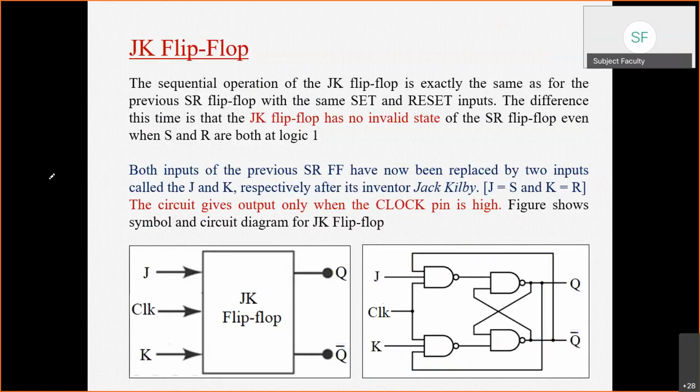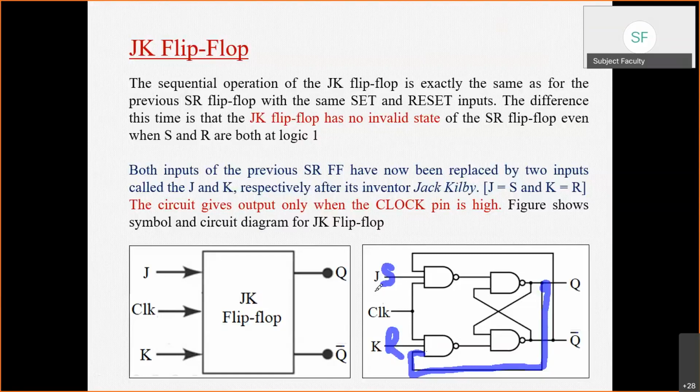So Q is given to one of the inputs of this lower NAND gate. This is the only difference in the connection. What they have done is that what was earlier S is now named J, and what was earlier R is now named K. Why?